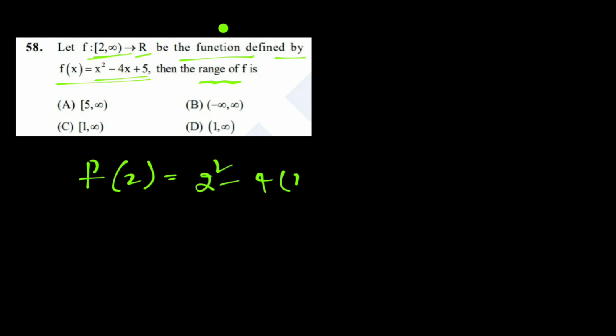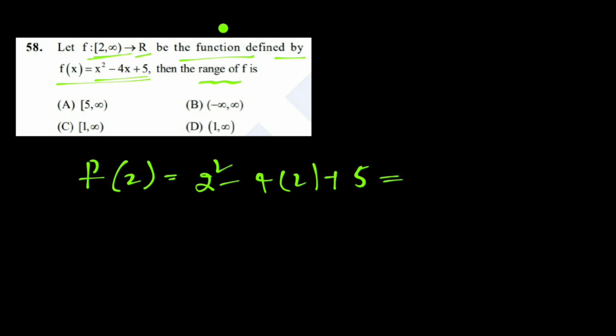Problem number 58. Let f mapping from 2 comma infinity to capital R be a function defined by f of x is equal to x square minus 4x plus 5. Then the range is asking. Range is nothing but result values. Domain is 2 comma infinity. So I'll take the first starting domain value, f of 2. I'll substitute 2 here: 2 square minus 4 into 2 plus 5.